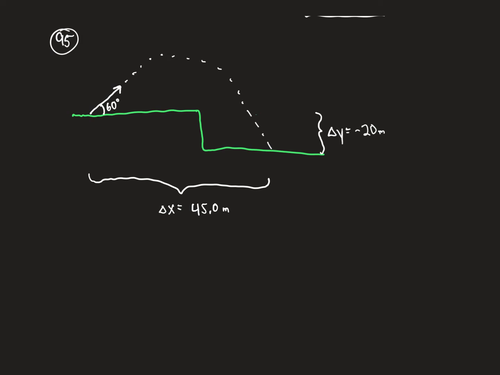So let's write out all the equations that relate to kinematic motion. V final equals V initial plus A times change in time. Change in x equals V initial times change in t plus 1/2 A times change in t squared.